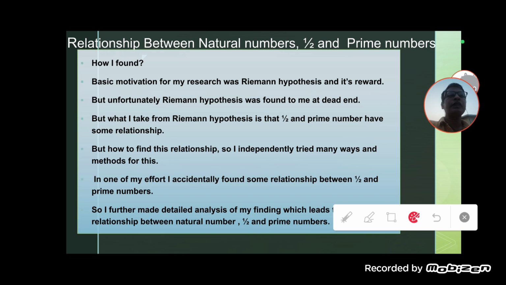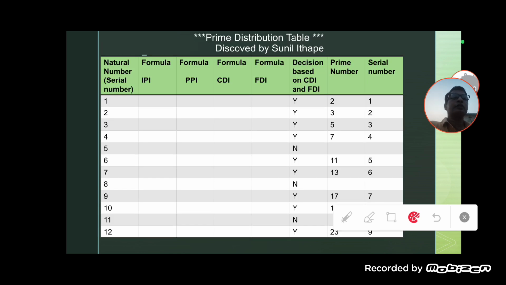Now let's look at the table. This table is everything of my research. In this table, the first column is the natural number, or serial number, starting from 1 to infinity. Then there are multiple columns.